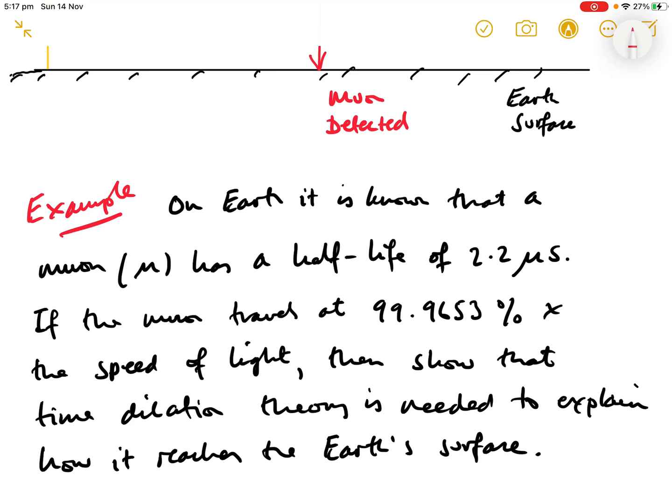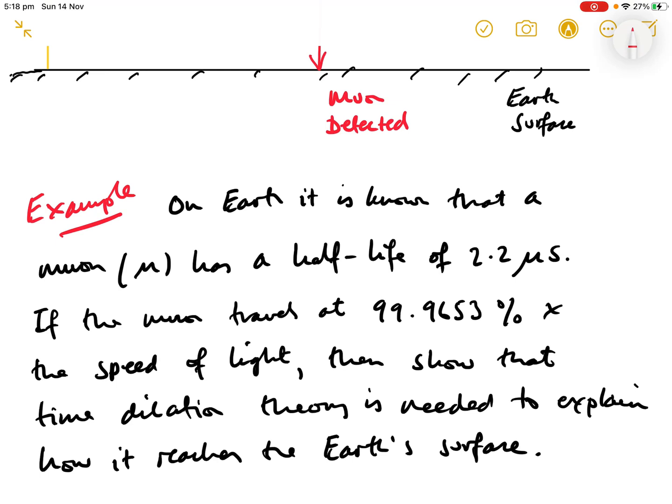On Earth, it's known that a muon has a half-life of 2.2 microseconds. What that means is that on average half of any muons produced will have decayed into something else after 2.2 microseconds. So we're going to take that as the length of time the muon's around before it changes into something else.